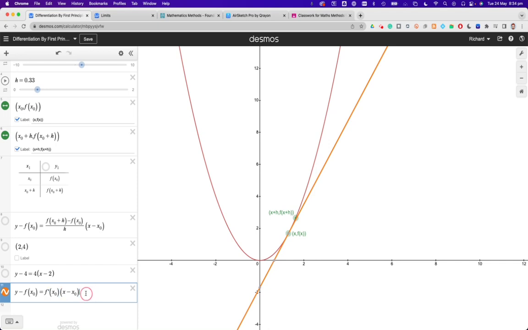And now we've got a tangent line. So this orange line is a tangent line instead of a secant line. So even if I let h equal 0.0001, I'll even turn it on so we can see the secant.